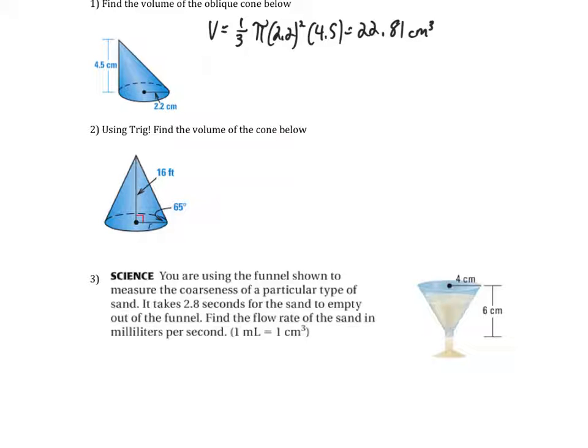So we need to find, right, the radius. So if I'm looking at this triangle right there, I need to find the radius. I have a leg opposite the angle of 65 degrees, and I want to find the adjacent leg.